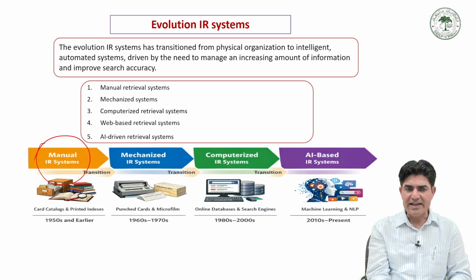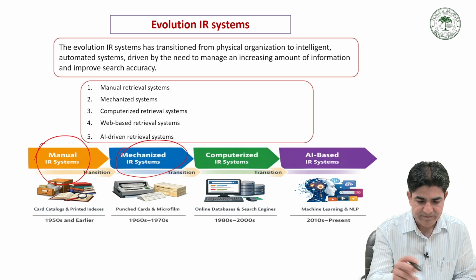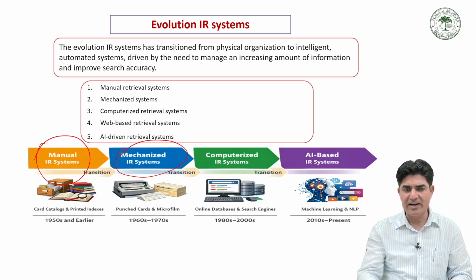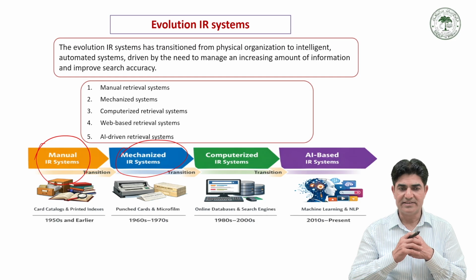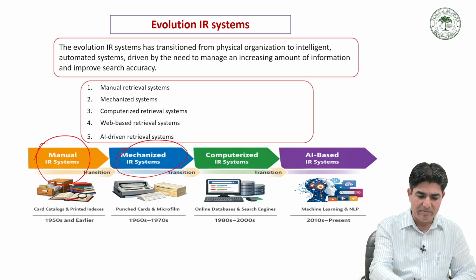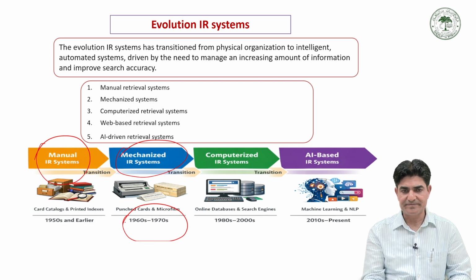Then the next phase is the mechanized information retrieval system, and these kinds of systems use different kinds of mechanical devices like punch cards and microfilm, and these emerged during the period of the 1960s to 70s.